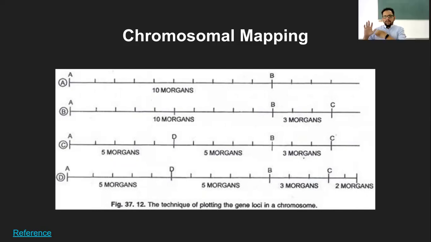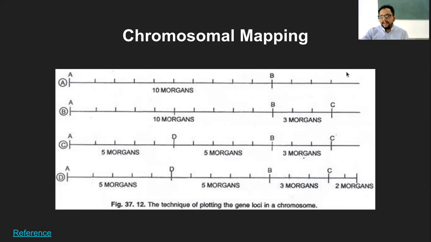So the moment you say 10% of a centimeter or 10% of a meter, ultimately they both are 10%, but distance wise they are different. 10% of 1 centimeter and 10% of 1 meter will be different, but percentage wise they are the same.